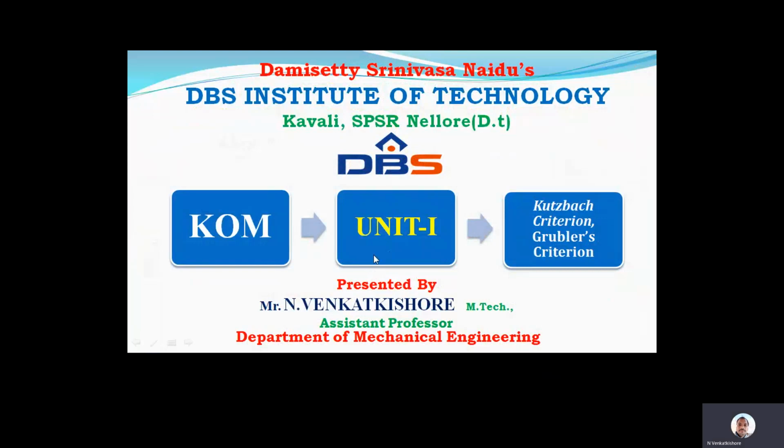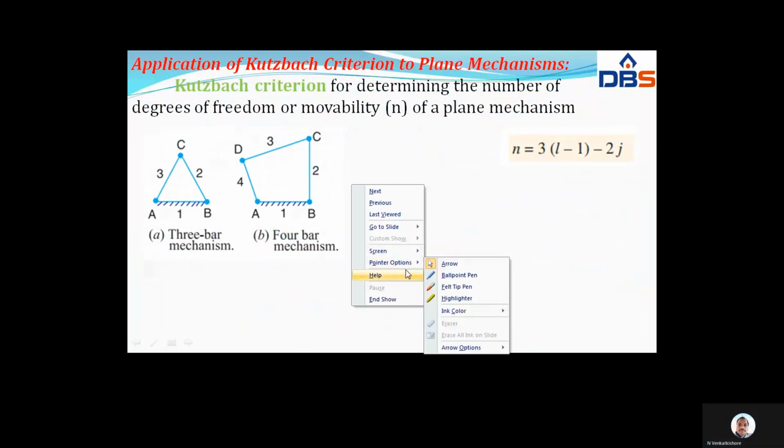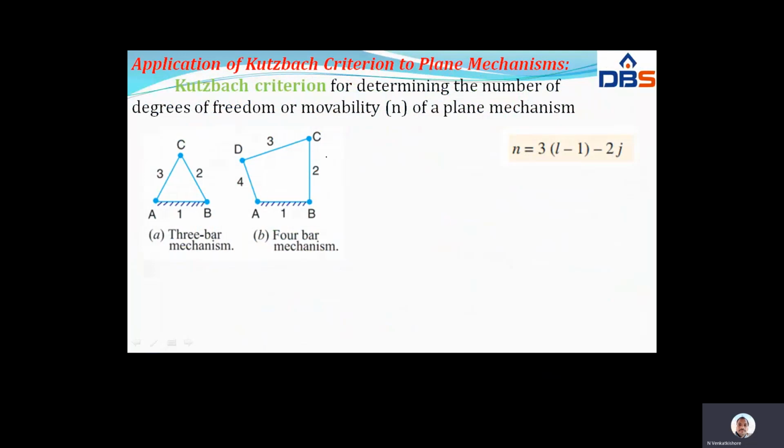So we are now coming to the applications of those equations, that is n equals 3 into L minus 1 minus 2j. This equation we will call the Kutzbach equation, and it is to be applied to a number of mechanisms.